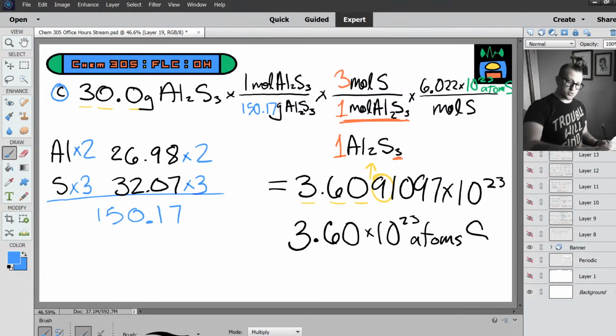That's the only real twist to this problem, is looking at the moles of sulfur and the unit conversion between moles of the compound versus moles of atoms.